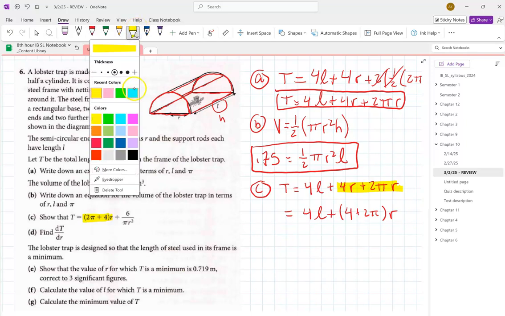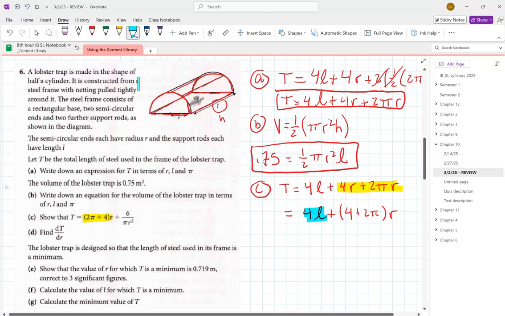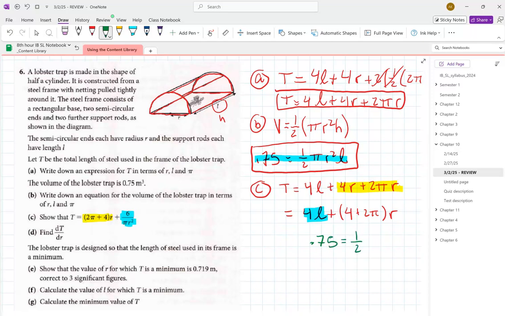What I still need to do, though, is somehow this 4L piece needs to turn into this now. So I need a second equation that has R and L in it so that I can make a substitution into here. Where is that second equation going to come from? That's why they asked us to write down an equation for the volume preceding this. So to get the L by itself, I'll multiply both sides by 2 to get rid of the fraction.